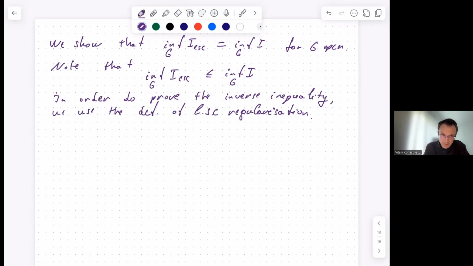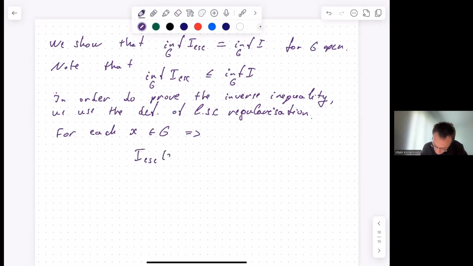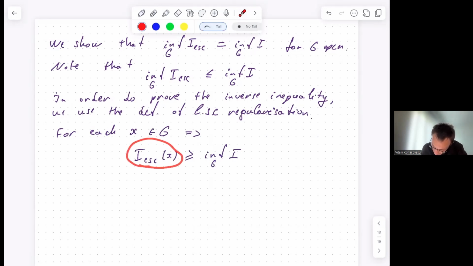So note that for each x from G, the I lower semi-continuous regularization is larger or equal than the infimum over G of I. Again, because this function is the supremum of all infimums over the sets G that are open and contain the point x.